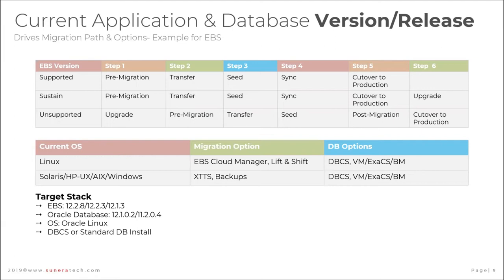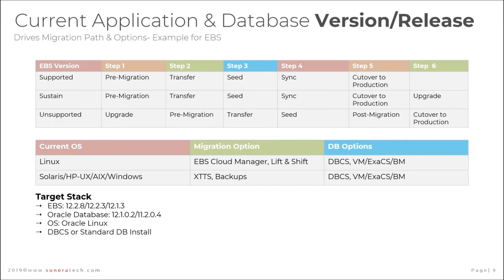Thanks, Srini. Hello, everyone. My name is Vikas. I'm into pure delivery and implementation in terms of Oracle EBS and Edge applications from SuneraTech. So typically on-prem, you would be in one of these three EBS versions, which can be supported, sustained, or unsupported.